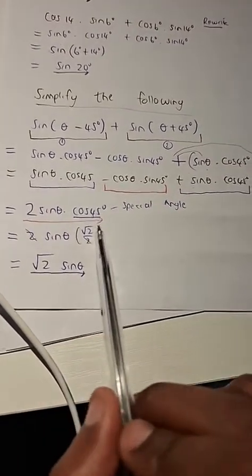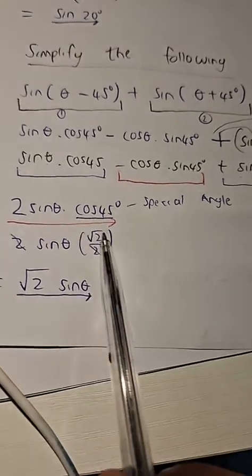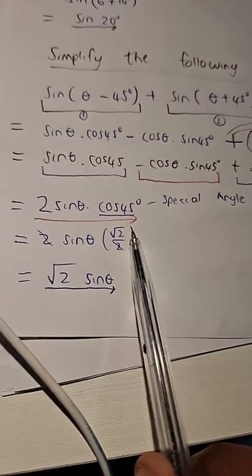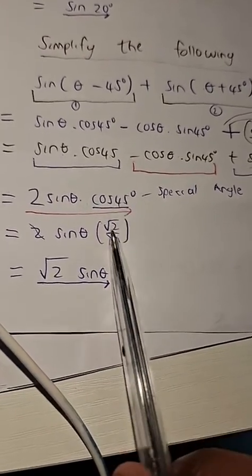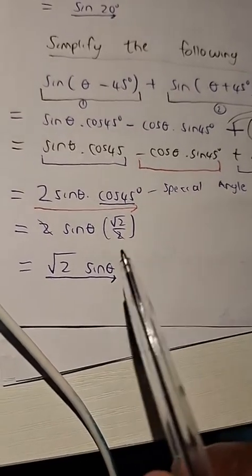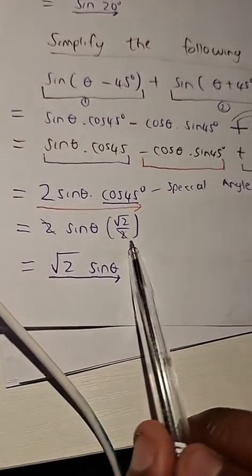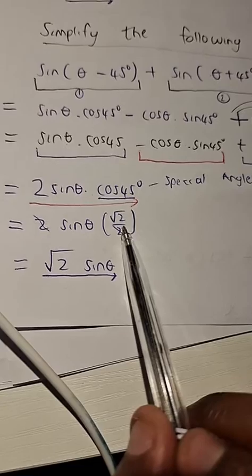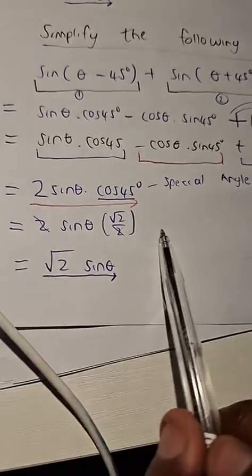Then the cos 45 you convert to a special angle using your calculator. Guys, we use our calculator in grade 12. We don't mess around with special angles and try to use the triangle and stuff. That gives us root 2 over 2. We show that appearance of root 2 over 2, then obviously we multiply.